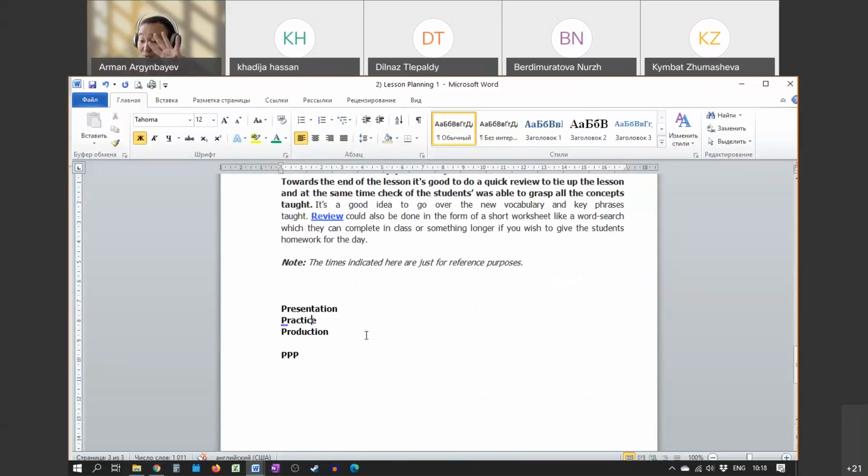Practice, 3 types of practice. Remember? Controlled practice or guided practice, less controlled practice, and free practice. No, sorry, free practice is production, actually.